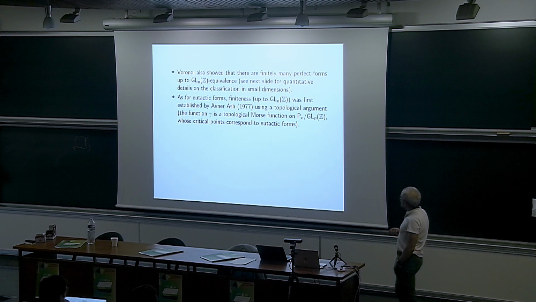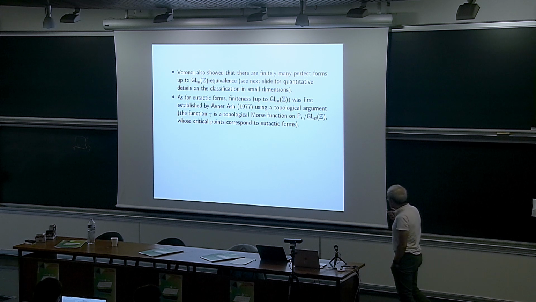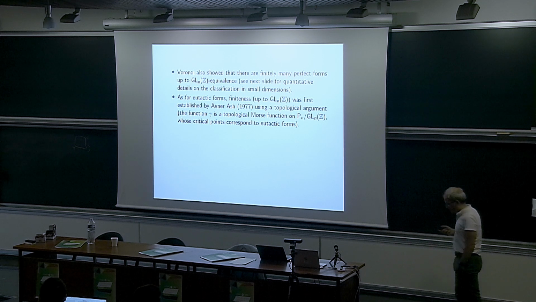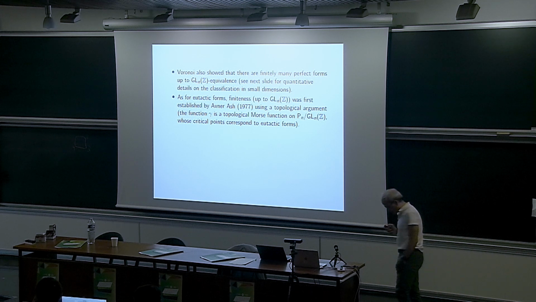As for eutactic forms, the finiteness result for perfect forms is in fact rather easy to prove. It's a matter of classical reduction theory. It's obvious. As for eutactic forms, it's also true that there are only finitely many up to GL_n(Z) equivalence, but it's much more complicated to prove.